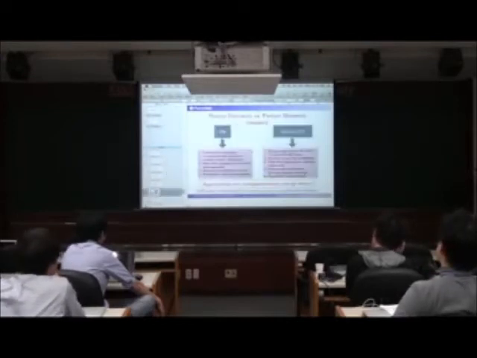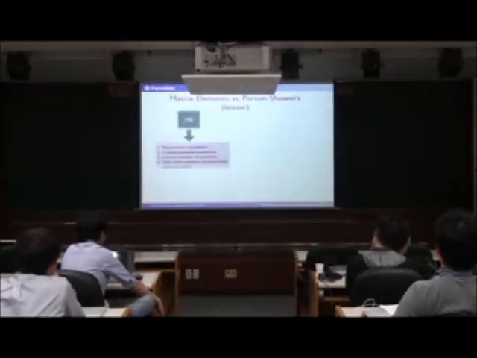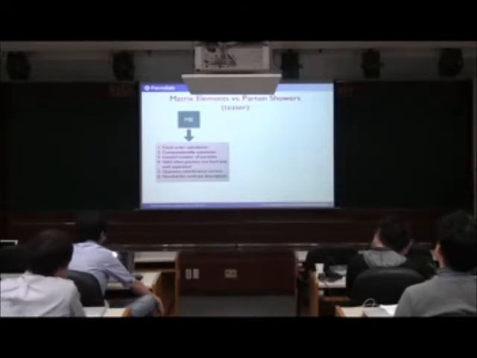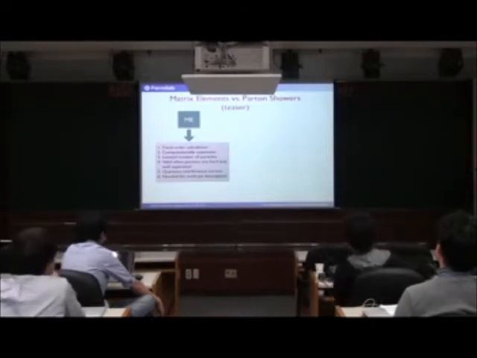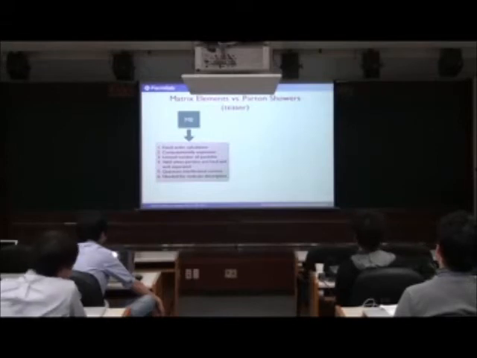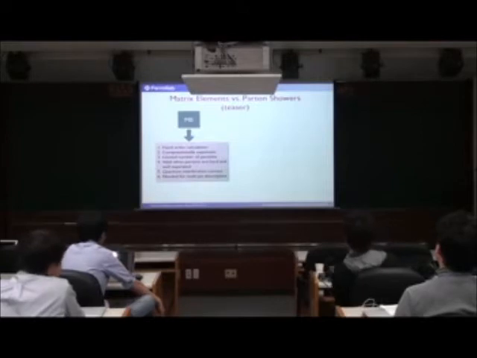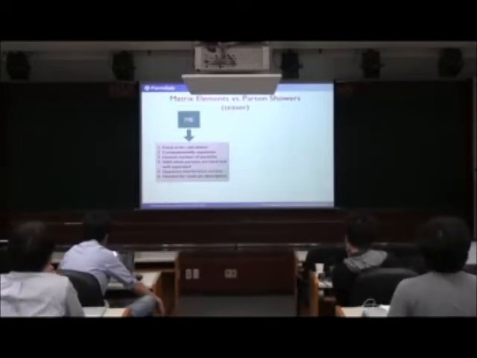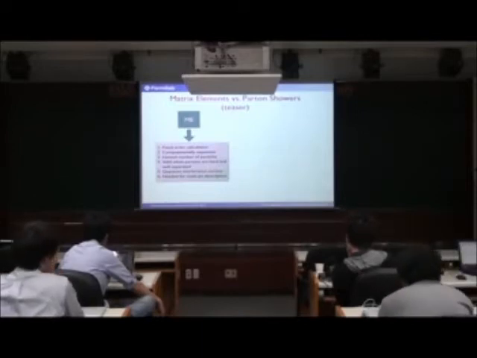So in fact, of course you can describe gluon radiation using matrix elements, or you can do it using parton shower. So these two descriptions are actually kind of complementary. The matrix element is a fixed order calculation, so you can do it at leading order, next to leading order, etc. And it's very computationally expensive because you need to do this phase space integration with whatever final state you choose to have.